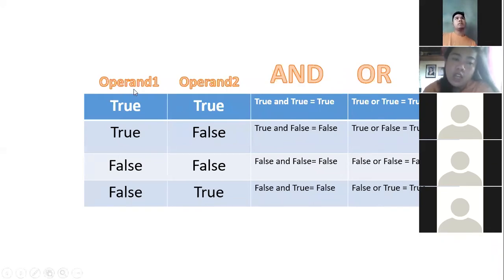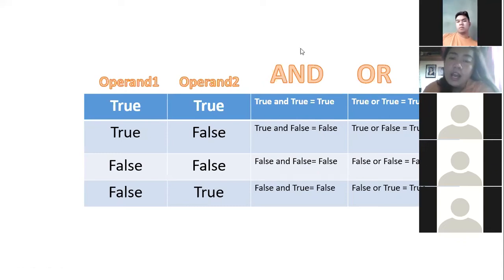Operand 1 is true and operand 2 is true, or yung isang operand is true, then yung isa false, or pareho silang false, or yung unang operand is false, then yung pangalawa is true.